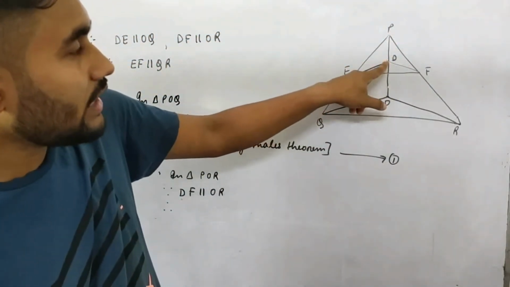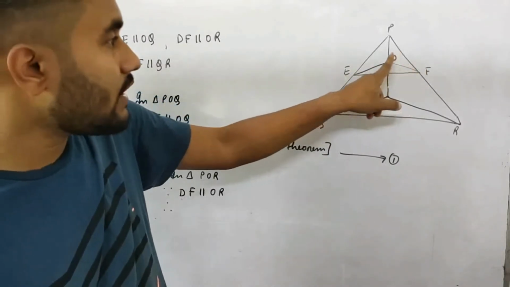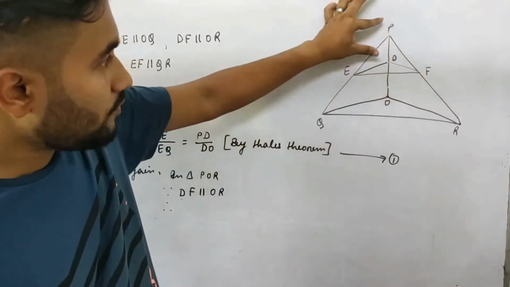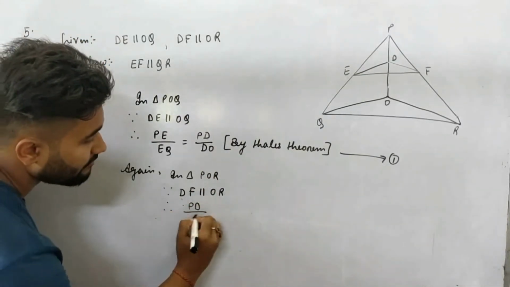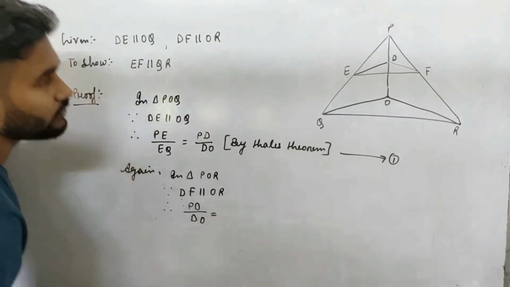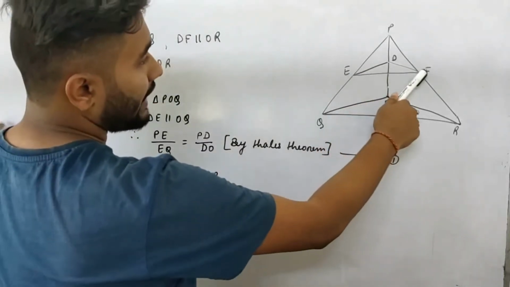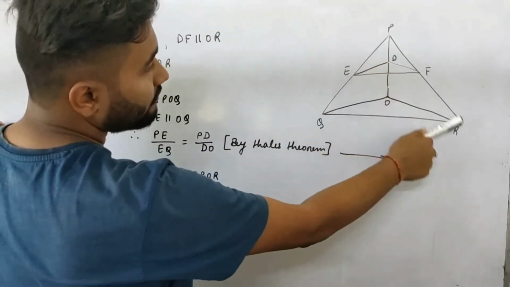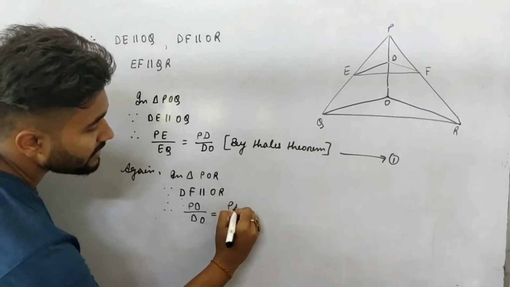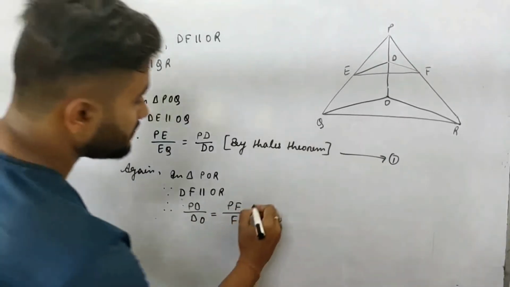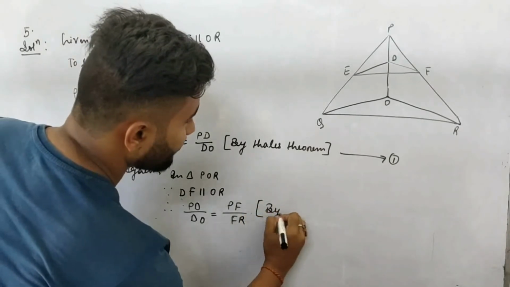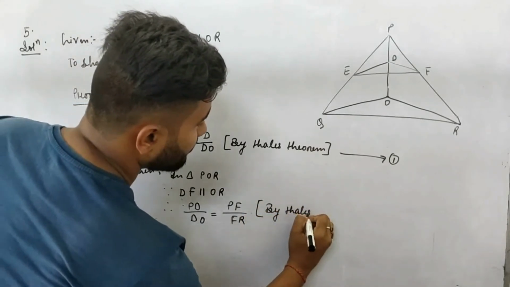At D. Okay, DF, the intersecting points are D and F. So PD by DO will be equal to what? The other intersecting point is F. So it will become PF by FR. Done. Same reason, by Thales theorem.